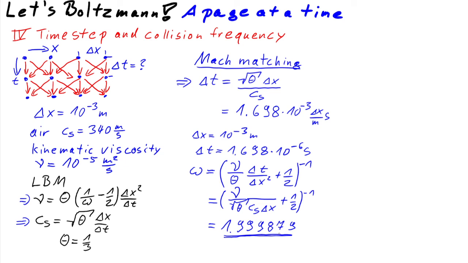Now this is indeed very close to 2, and this could actually cause us some problems, for example stability problems. And in order to avoid this, we could also do the same simulations with a slightly smaller collision frequency, and this is done by using an artificial Mach number.